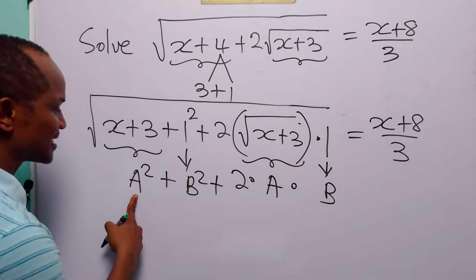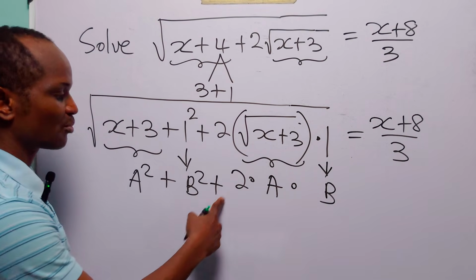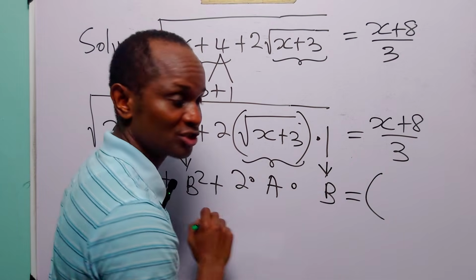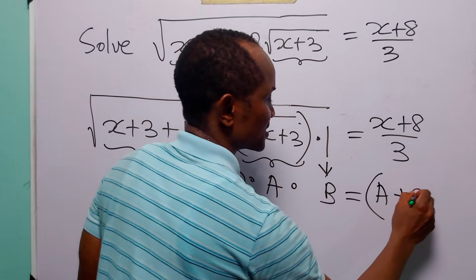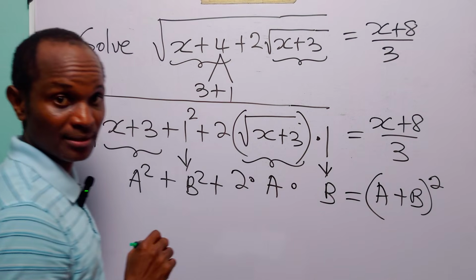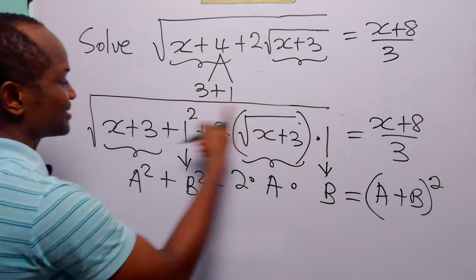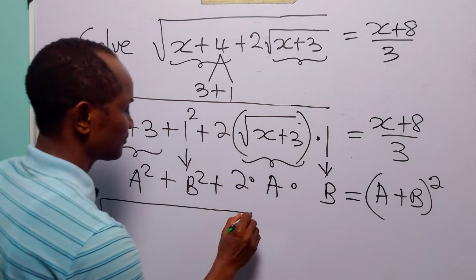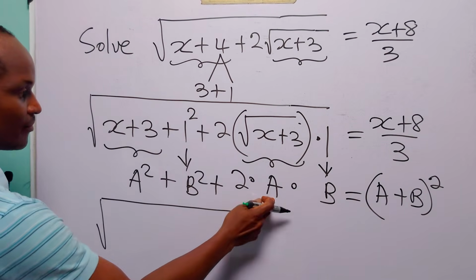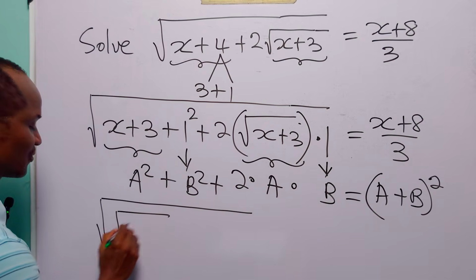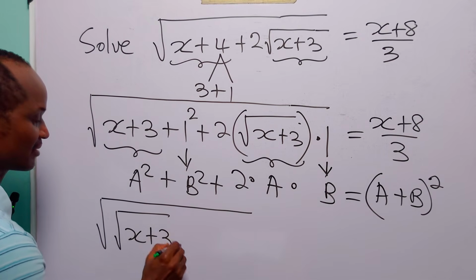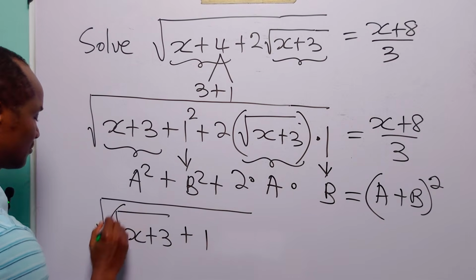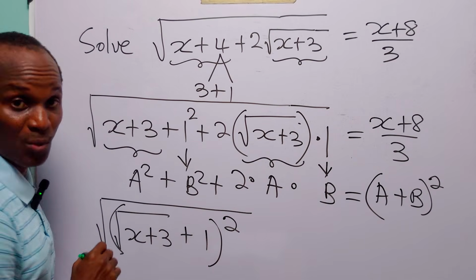And of course, you know that a squared plus b squared plus 2ab is equal to the expansion for a plus b squared. So that means that we can write this large square root as the square root of x plus 3 plus 1, both squared.